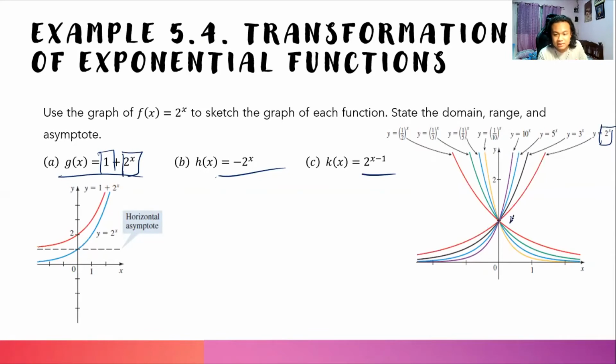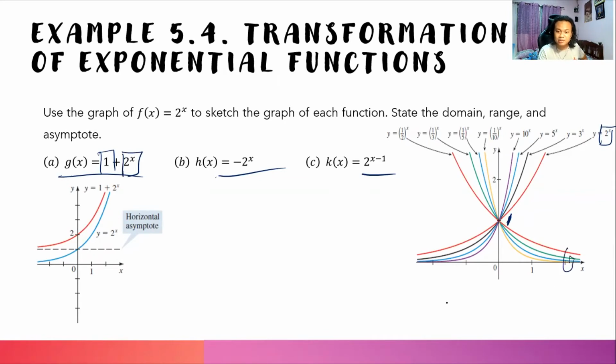Next. So, this is 1. Okay? So, negative 2. So, h of x is equal to negative 2 to the x. Kung i-negative ninyo, mag-start ka sa 2 to the x, di ba? So, dapat kay negative man, meaning ang iyang reciprocal, di ba? Inyo na siya i-reflect about the x-axis.